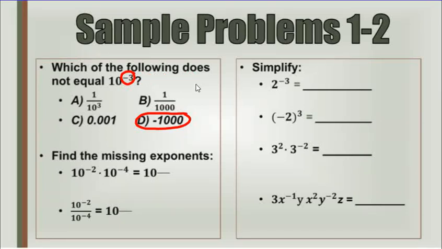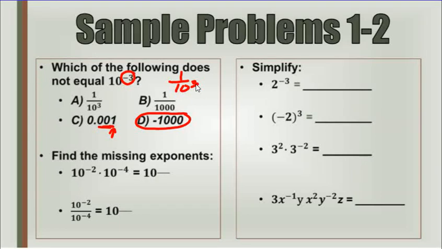But 10 to the negative 1 over 3, that's the same thing as doing 1 over 10 to the third because of the reciprocal. 10 to the third is 1,000. Letter C, this is the thousandth place right here. So that's why it can be C, it can be B because that's simplifying 10 to the third. And then 1 over 10 to the third is the same as the reciprocal of 10 to the negative third.